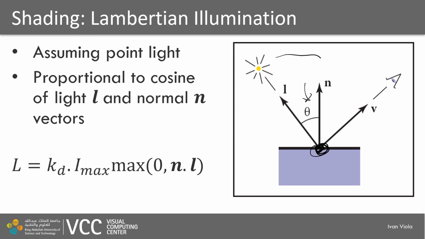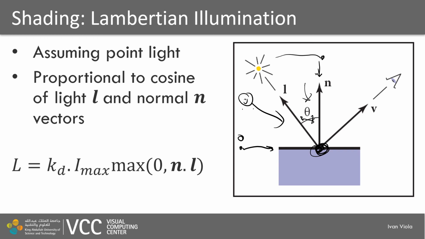If the light source is here, this will be the strongest illumination. If the light source is here, it will decrease and decrease, and here the illumination will be 0. This can be modeled by a cosine term of the angle theta, which is the angle between the n and L vectors, which typically describe our scene.